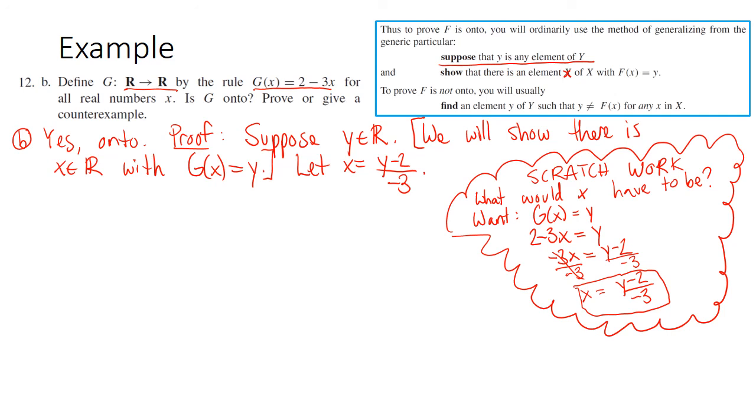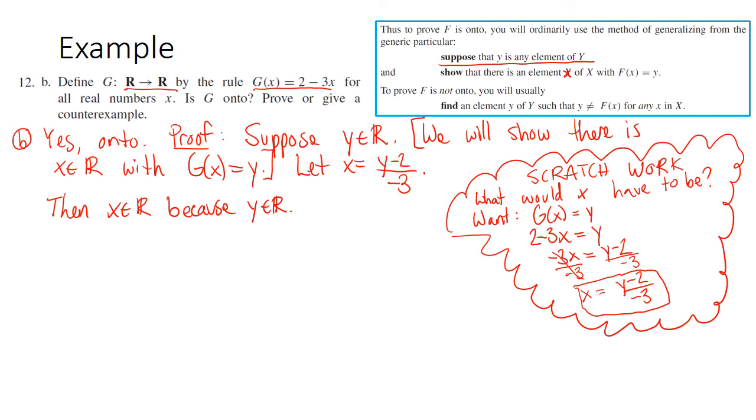What I have to do is show, or argue, that this x is a real number. So I'm going to say then x is a real number because y is a real number. And then all we did was subtract 2 and divide by 3, so it should still be a real number. I think that's enough for an argument.